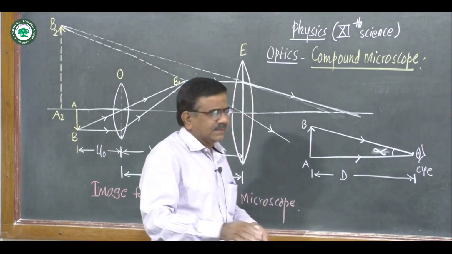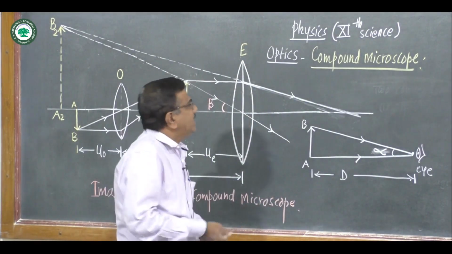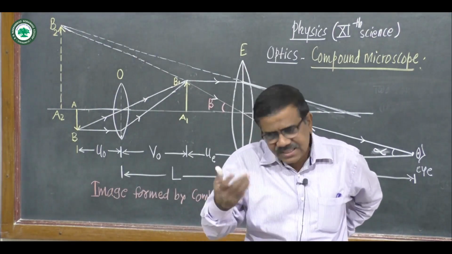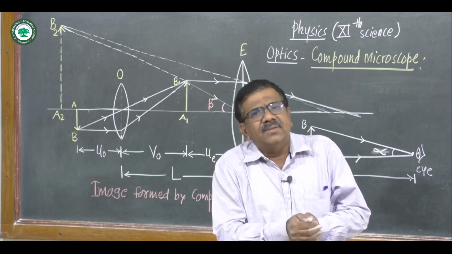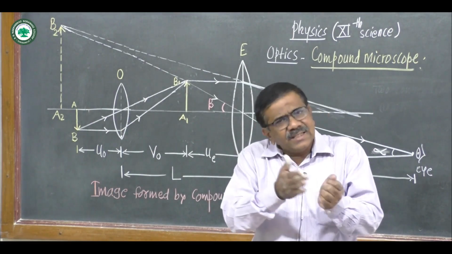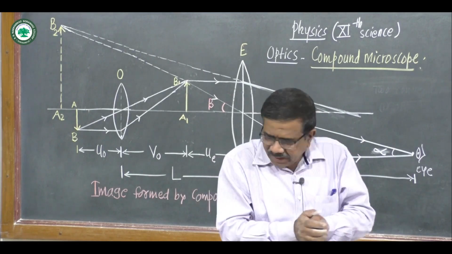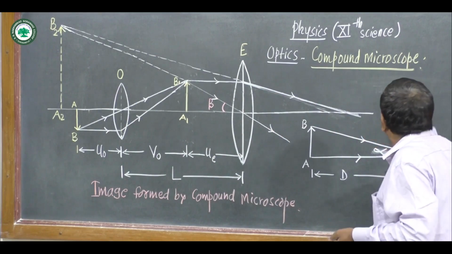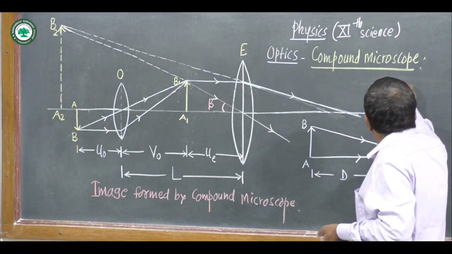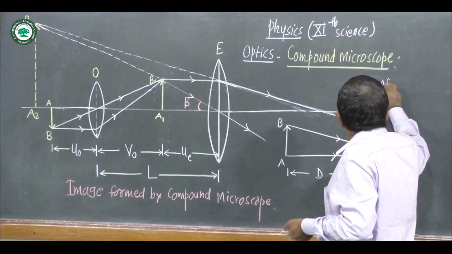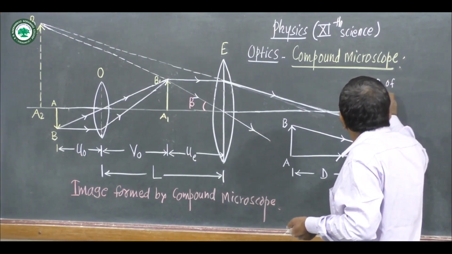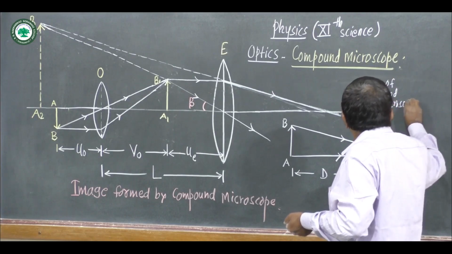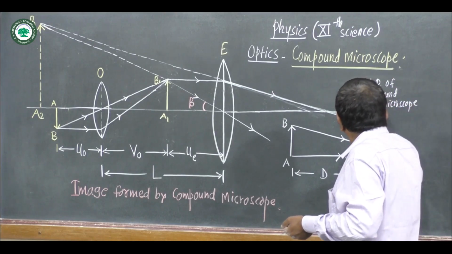Now see here, from these two figures, if the angle is very small, we write tan beta is nearly equal to beta, and tan alpha is nearly equal to alpha. And the magnifying power of this compound microscope is also called angular magnification.